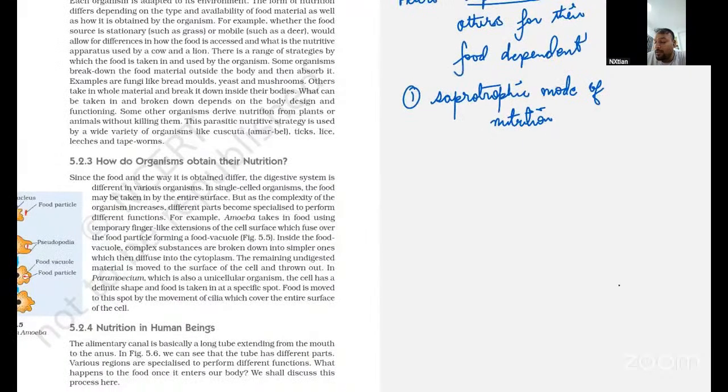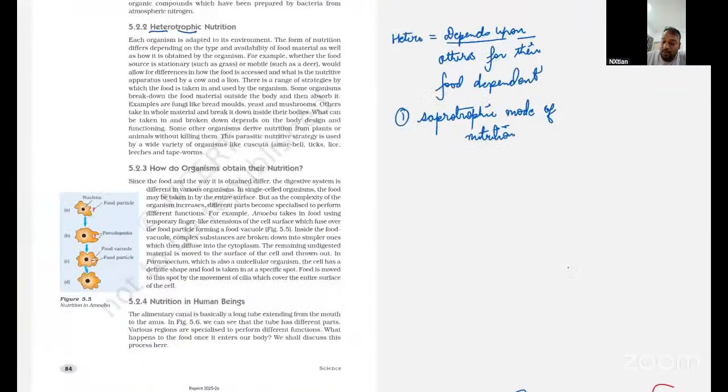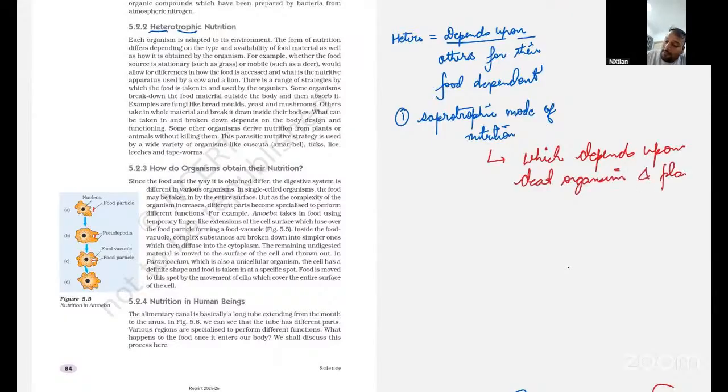Got it? Sir, can you repeat? Saprotrophic mode of nutrition is the mode of nutrition which depends upon dead organisms and plants for their need.